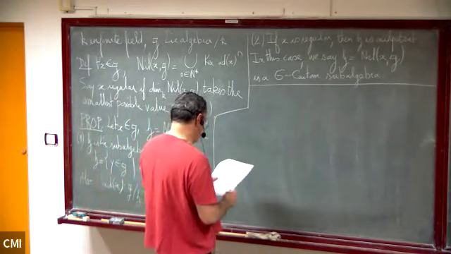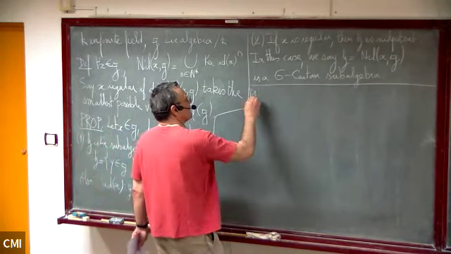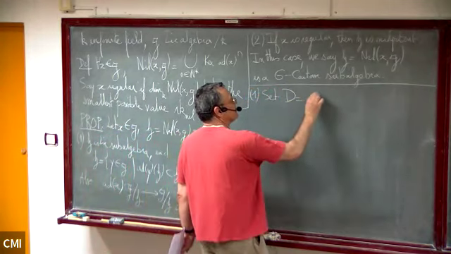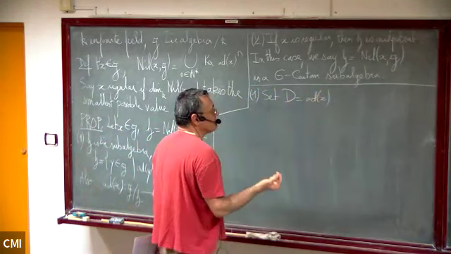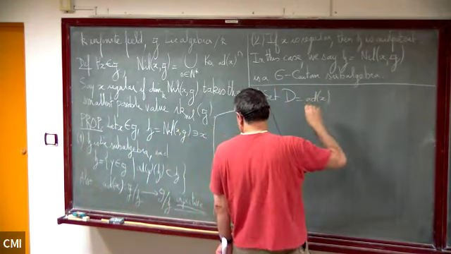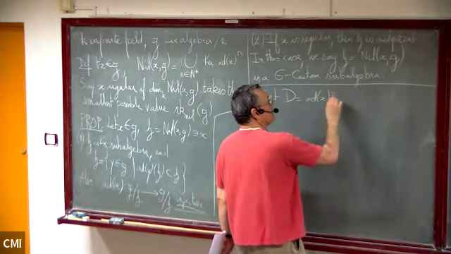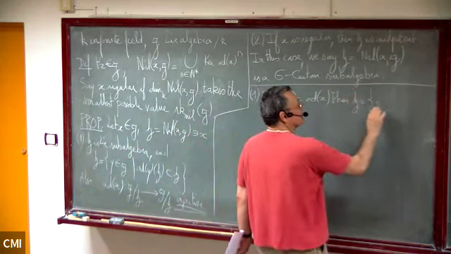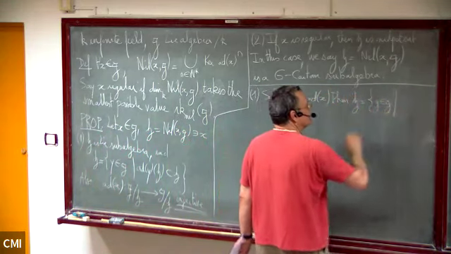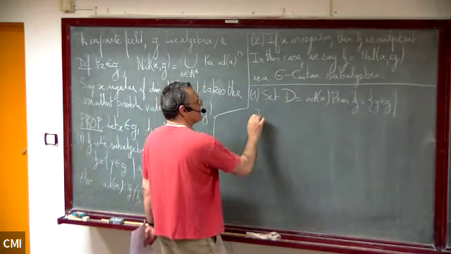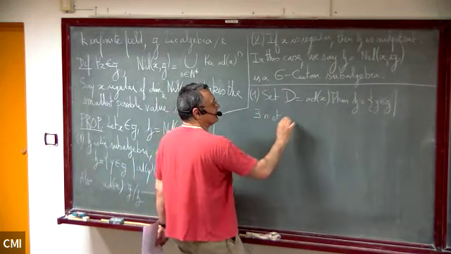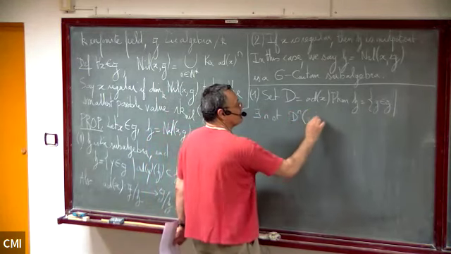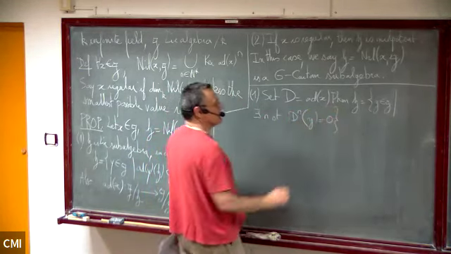Let's denote by capital D the endomorphism ad x. Then H is the set of those y such that there exists n such that D^n of y is equal to 0.